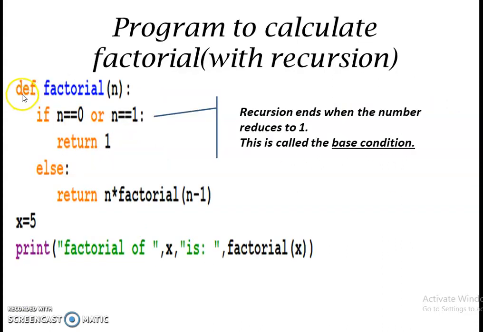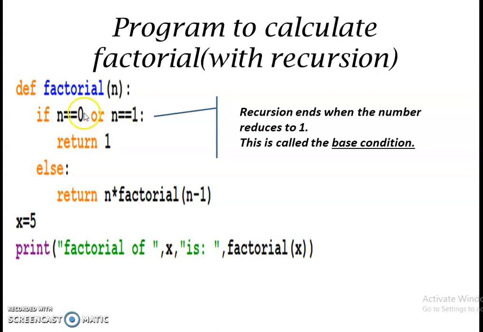Here we have a function named factorial. It is taking one parameter, the number of which we are going to calculate the factorial. As we know, in recursion, a function calls itself. So we need to give the termination condition or base condition in which recursion will end.